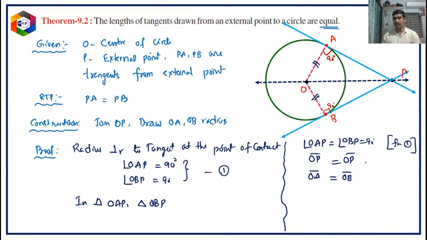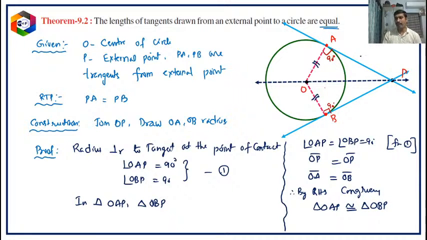Now right angle equal, hypotenuse equal, one side equal. So therefore, by RHS congruency, what you can say is triangle OAP is congruent to triangle OBP.